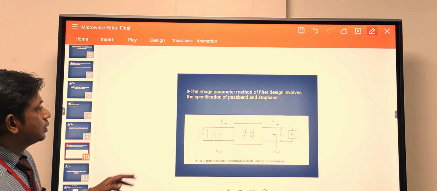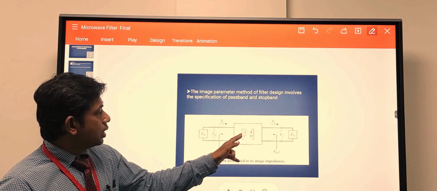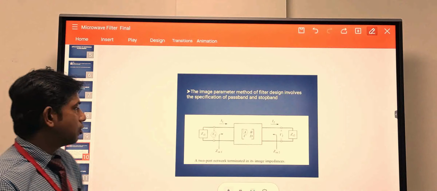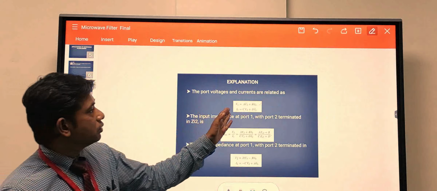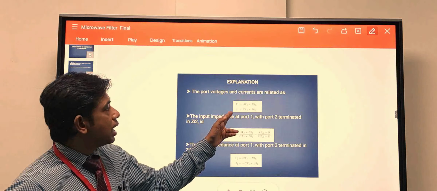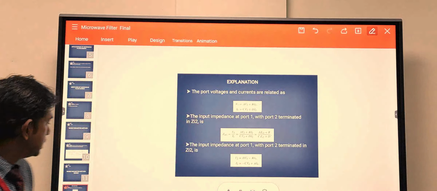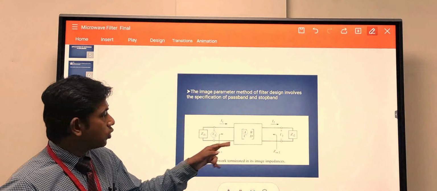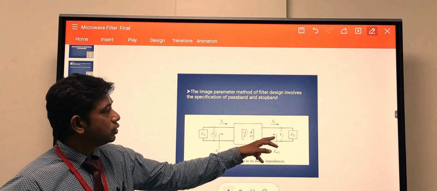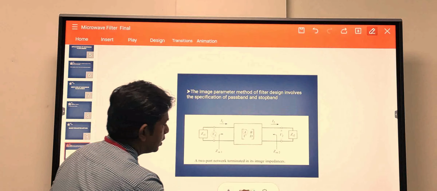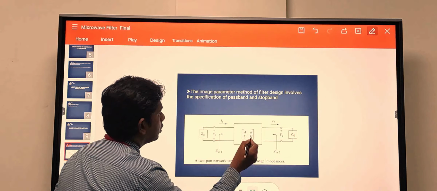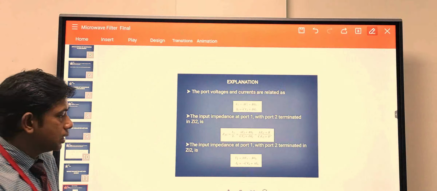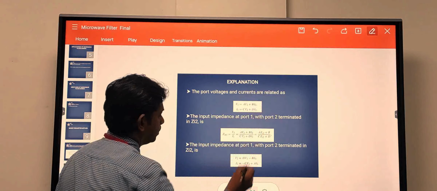That means parameter A multiplied by the voltage, along with the other part of the diagram, gives us the V1 value. Similarly, I1 is equal to CV2 plus DI2. That means I1 corresponds to C times V2 plus D times I2, and this gives us the equation I1 equals CV2 plus DI2.